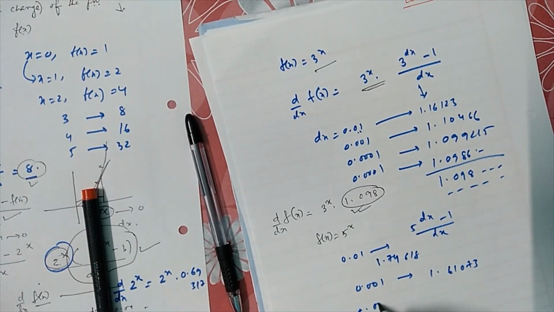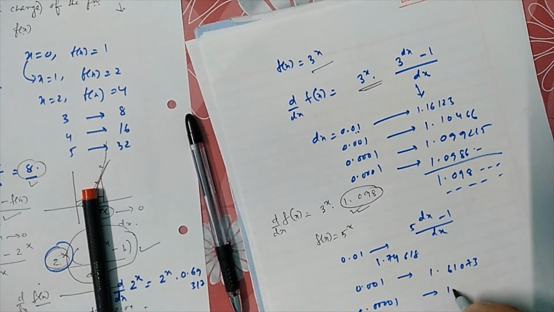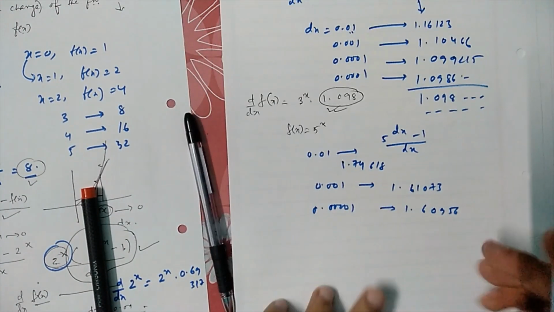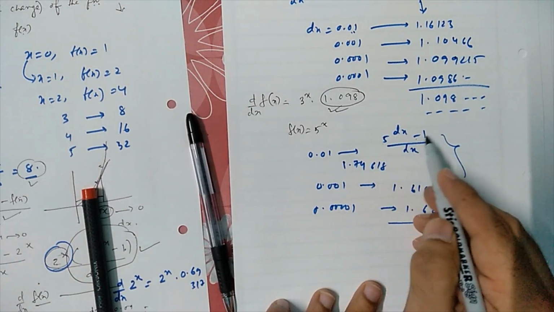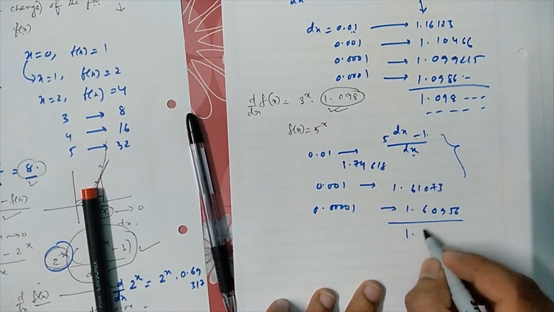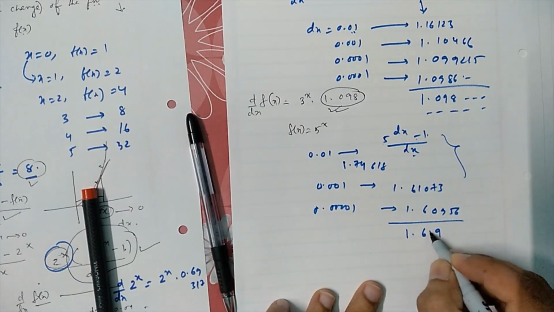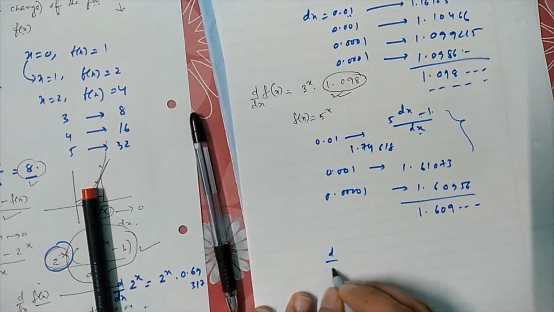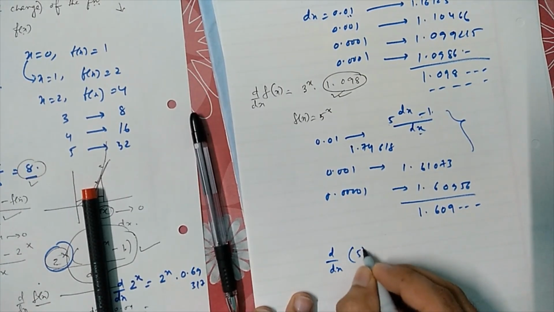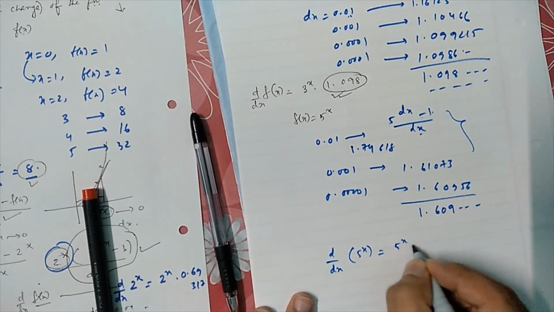For 0.0001 it will be 1.60956. So you can see there this (5 to the power dx minus 1) by dx tends to 1.609 dot dot. So what is d/dx of 5 to the power x?